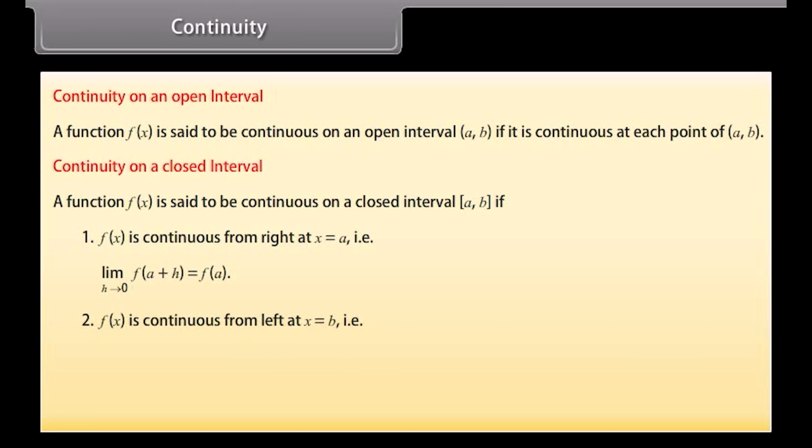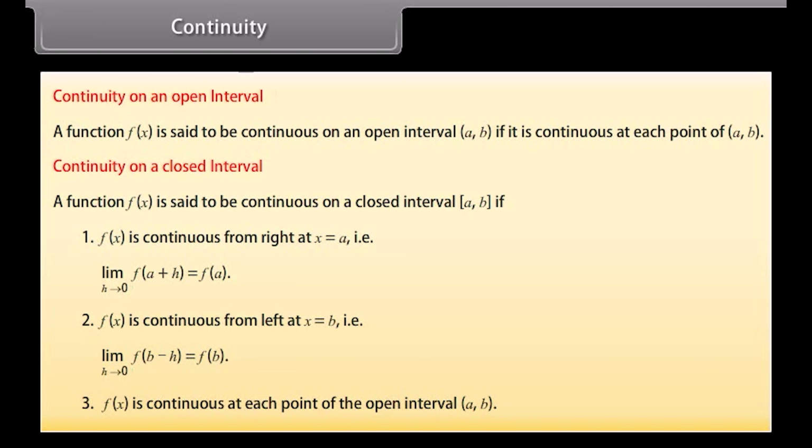F of x is continuous from left at x = b. That is, limit h approaches 0 of f of b minus h is equal to f of b. 3. F of x is continuous at each point of the open interval a, b.